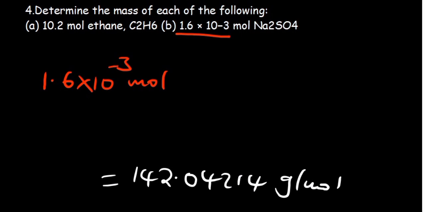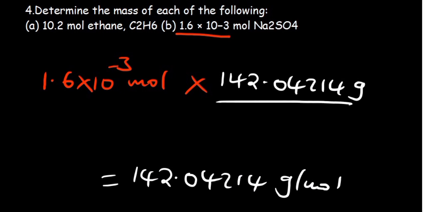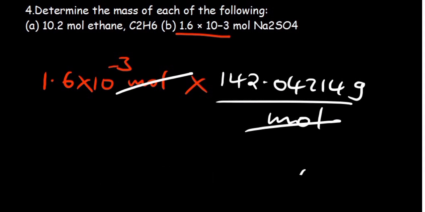multiplied by, so what do we have? We have 142.04214 grams per mole. So the moles will cancel out. Do your calculations well. That's multiplied by 1.6 by 10 to the power negative 3.